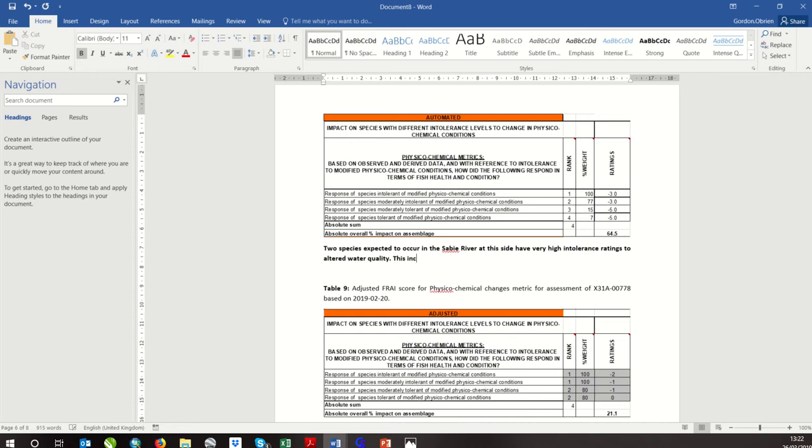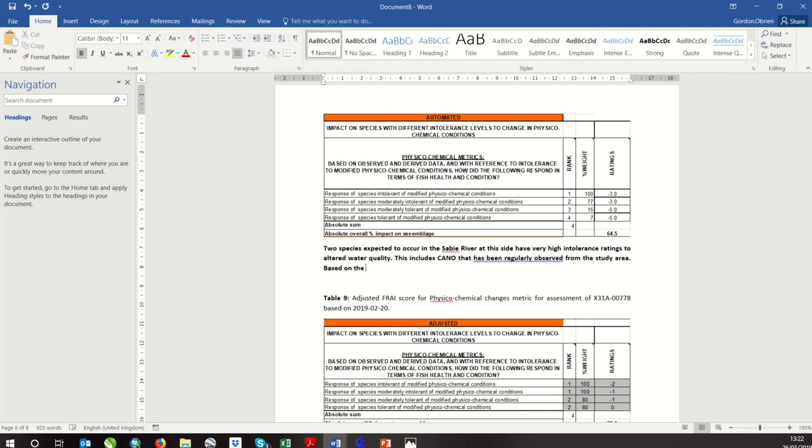Okay, this includes Chiloglanus that has been observed from the study.